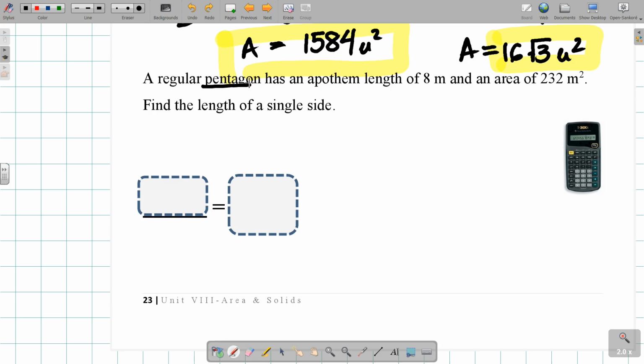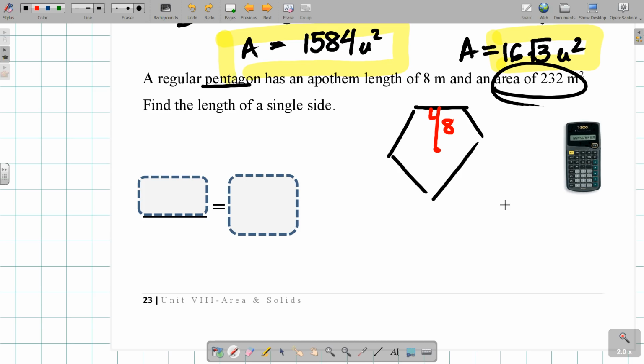A regular pentagon has an apothem of 8 meters and an area of 232 meters squared. Find a single side length. So area equals perimeter times apothem over 2. Circle, plug, chalk.